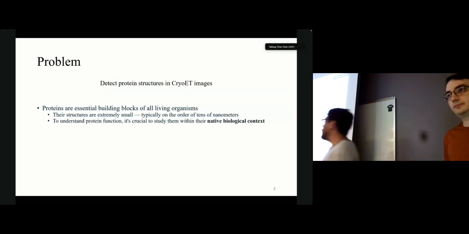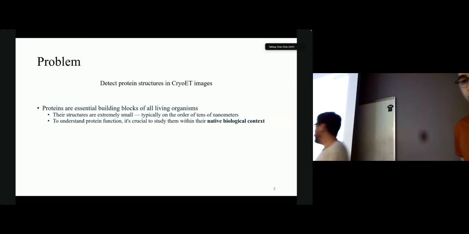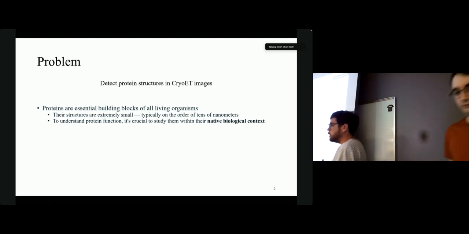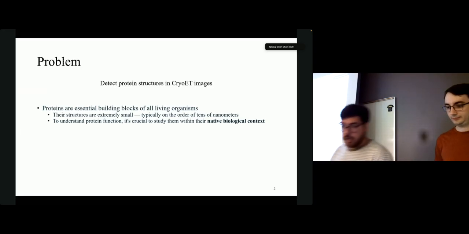This is a core problem in science. We want to study the protein function in medicine, in the body, and so on. Usually this is performed in isolation, but it's important to understand the interaction with other proteins and organisms in our body. That's why we want to study it in the native biological context.